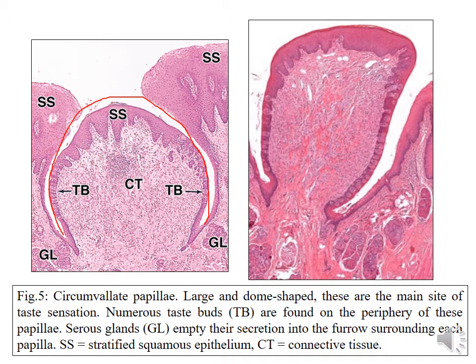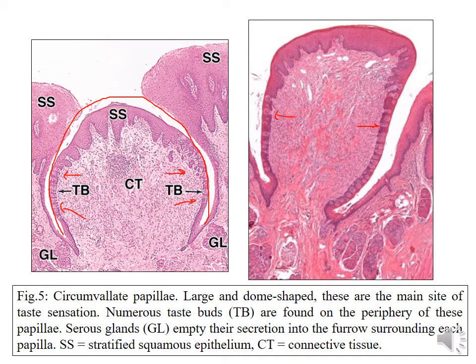Although they are the least in number, they have the most taste buds in them. And the taste buds are located on the peripheral side of the papilla, and not on the apical. In the fungiform, they were found on the apical surface, whereas for the circumvallate, the taste buds are found on the periphery of these papillae.